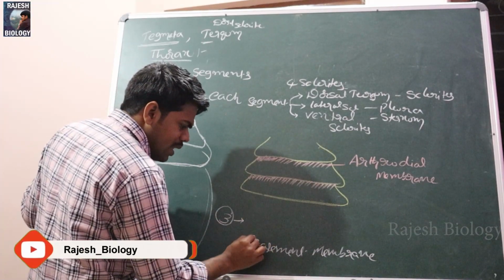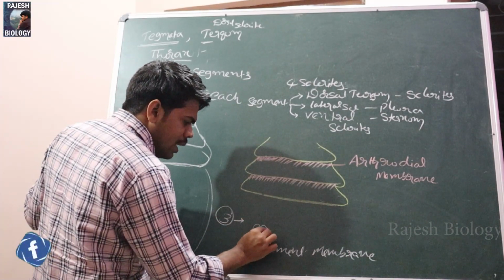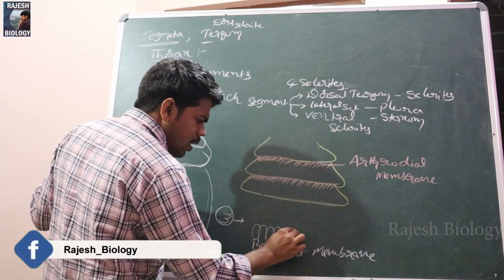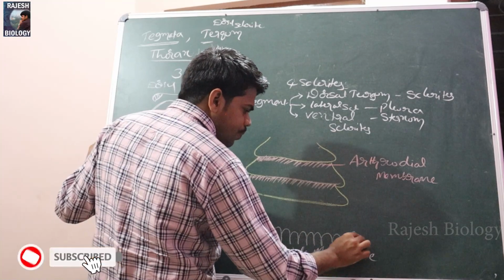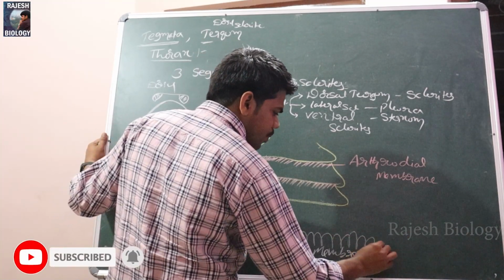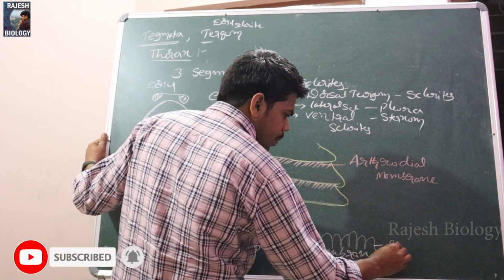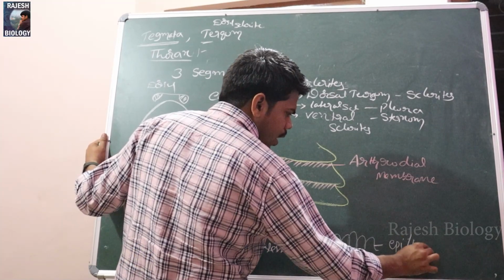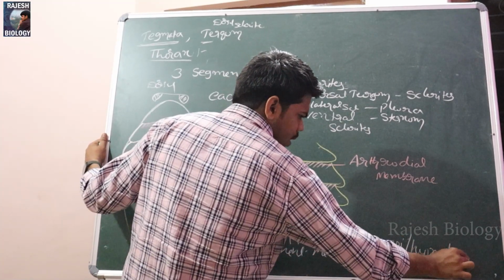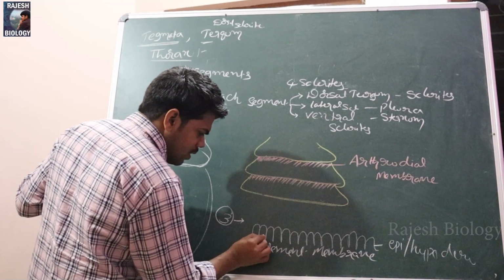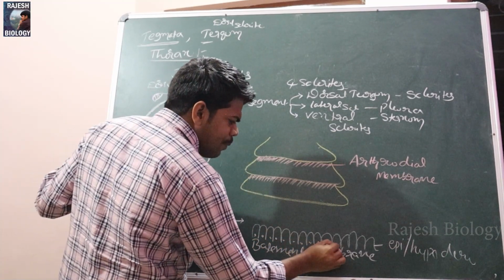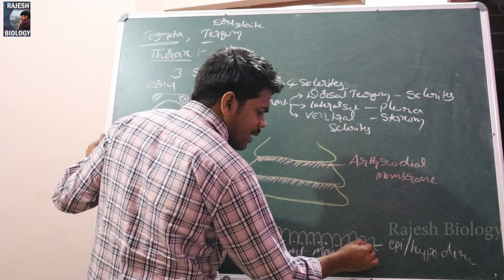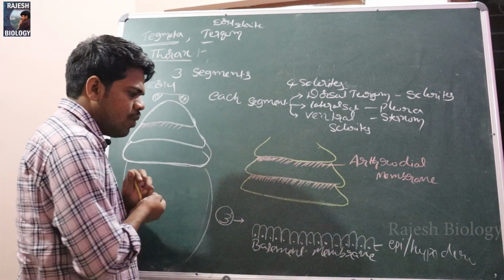Upon this basement membrane, there are columnar epithelial cells, called the epiderm or hypoderm, which is made up of a single layer of columnar epithelial cells. It is epiderm because it is an epithelium present upon the basement membrane.